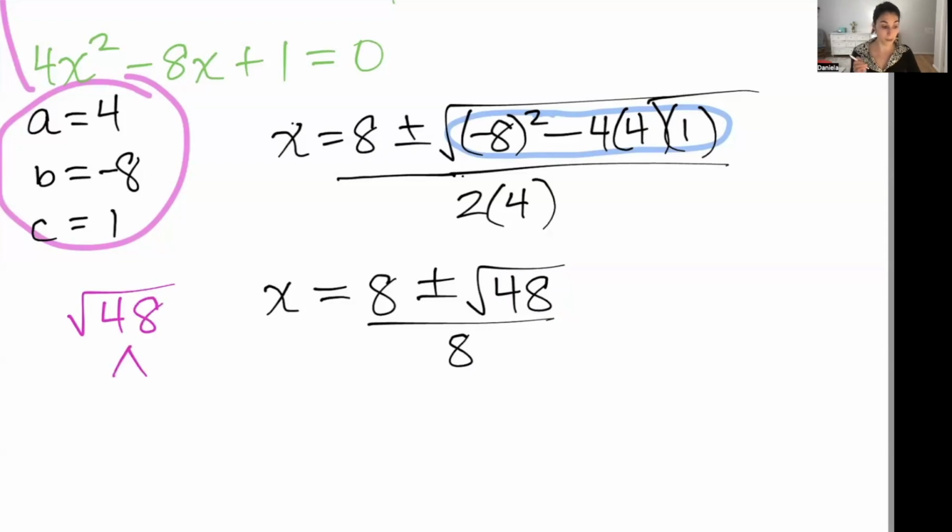So you're looking for the biggest perfect square that goes into 48. Yes, 4 goes into 48, but also 16 goes into 48, and 16 is the bigger perfect square. You can do 4 and 12, right? Those work, but then you can split up the 12 into 4 times 3.